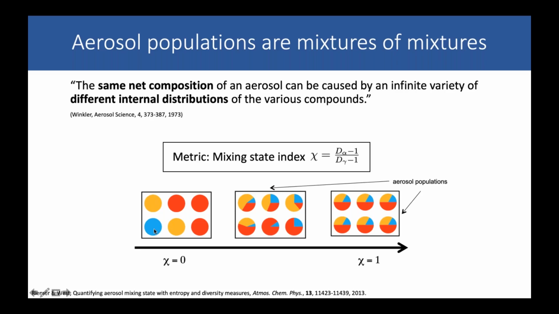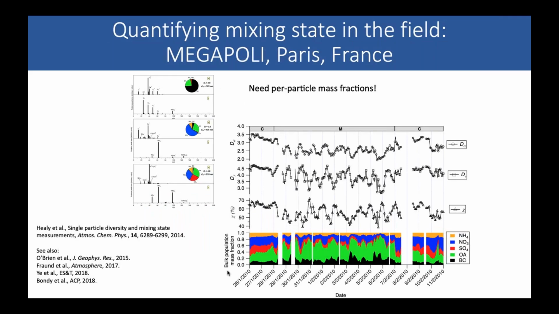The extremes are external and internal mixtures, but there are many different states in between. And that is important if we think about macroscopic impacts such as CCN properties or scattering and absorption, and even health impacts.